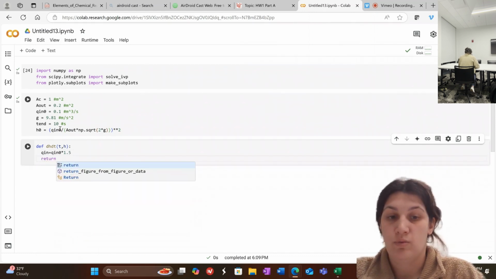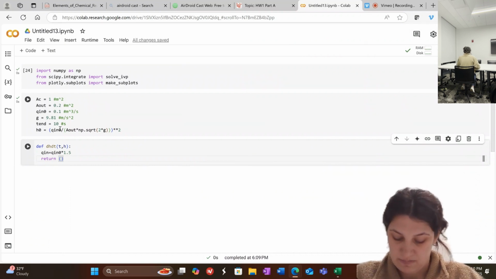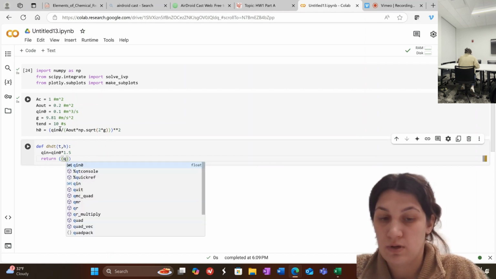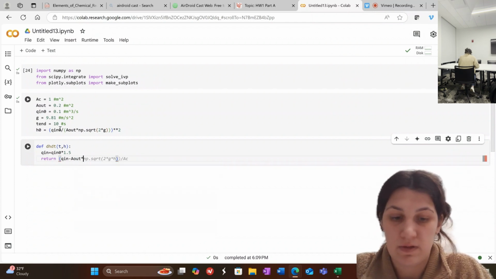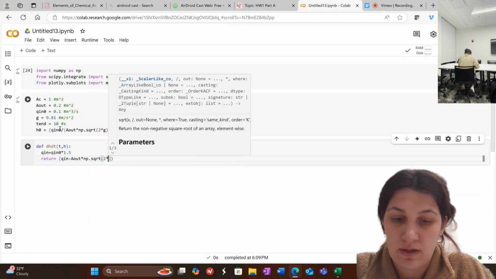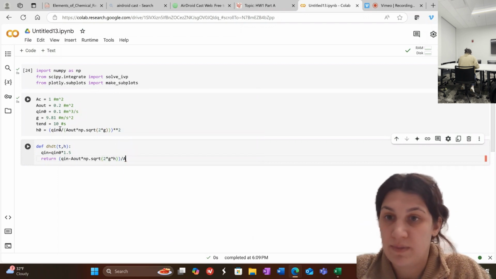And then we're going to return our differential equation, which is what we solved for way back at the beginning. So this is our Q_in minus A_out times np.sqrt of 2 times g times h, all divided by A_c.